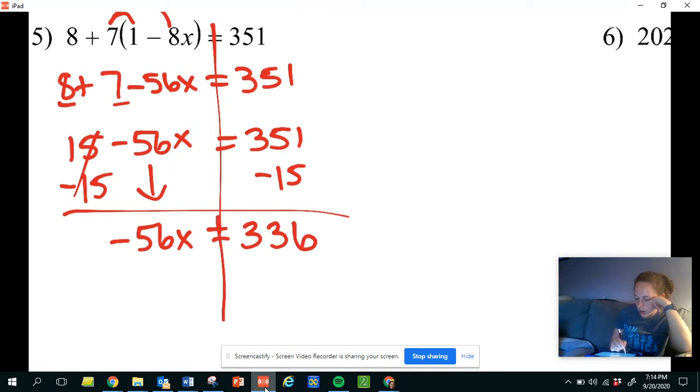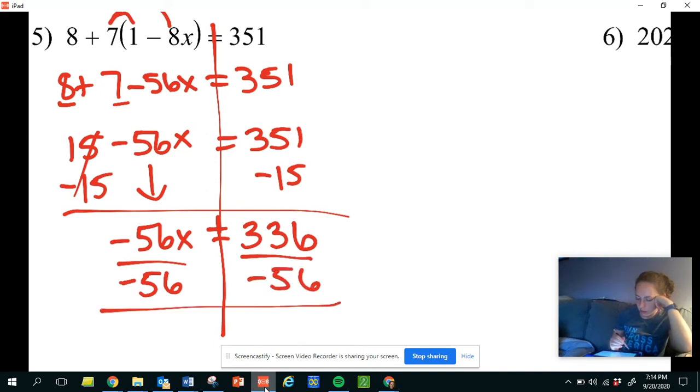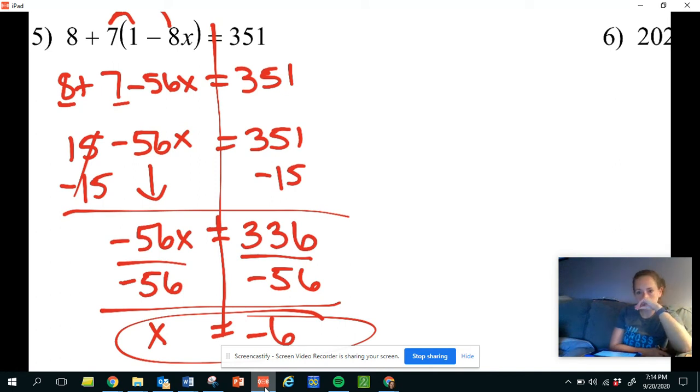So next thing I want to do is divide by negative 56. So 336 divided by negative 56 is going to give me negative 6. Remember, the main thing here is simplify before you solve. And sometimes you have to simplify in two steps before you can solve.